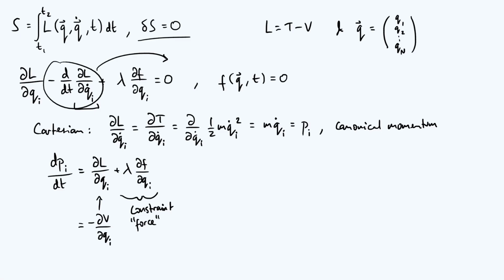We can actually also come up with a nice geometrical interpretation of that final term. And in particular, we can justify why it is proportional to the derivative of f. So to do that, imagine your system moving through configuration space, the space of all the generalized coordinates. And remember that it can only move along the surface defined by f equals 0.